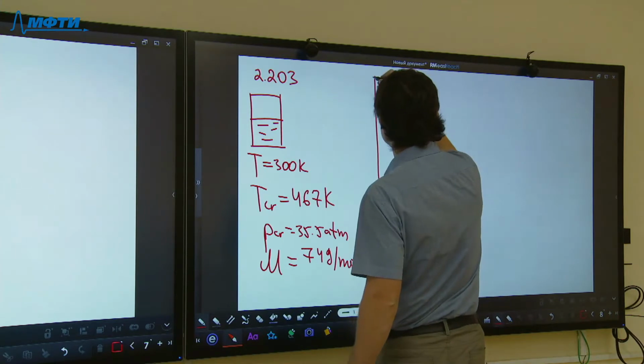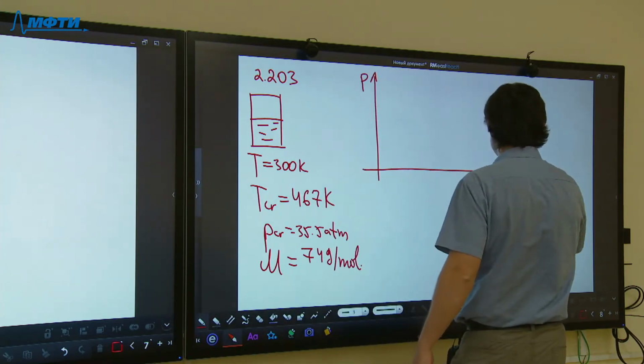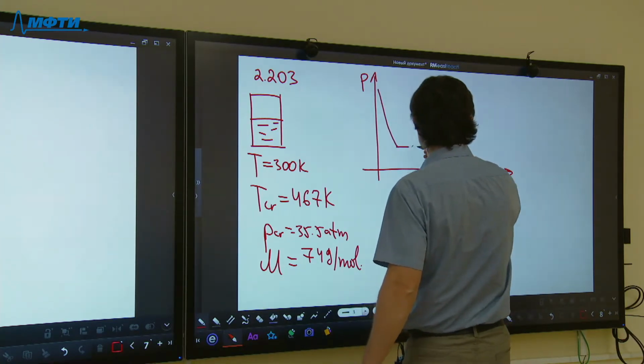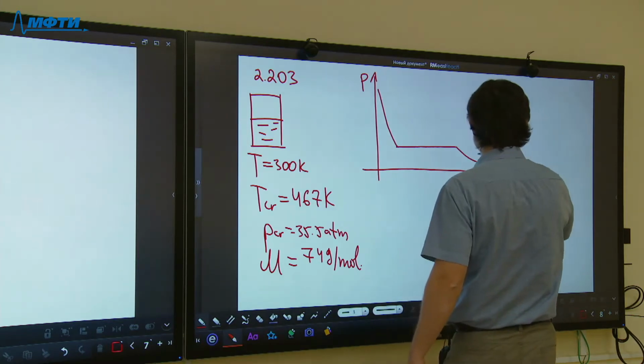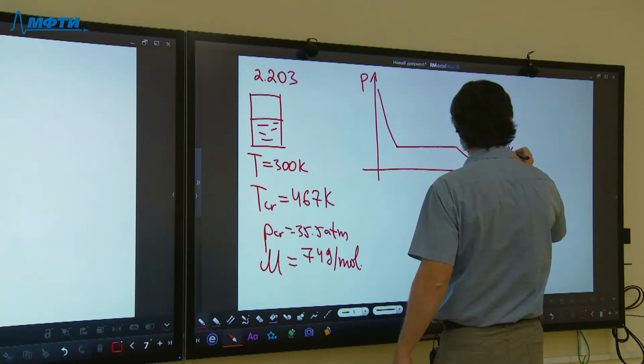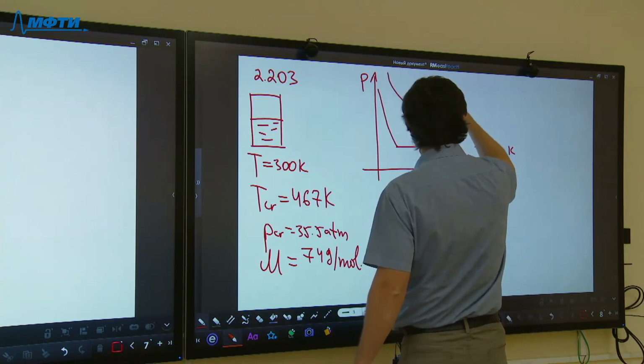For this, I think it might be a good idea to have some PV diagrams. So let's say I have an isotherm at 300 kelvins. And I have an isotherm at the critical temperature.